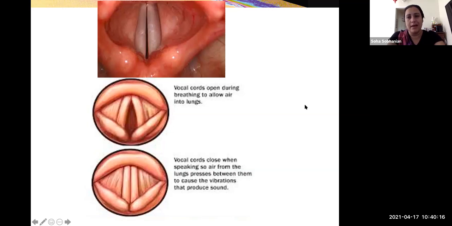So as the air comes up the air passageway, which in this case is your lungs, it rushes between the small space, causing vibration of the vocal cords to create sound.